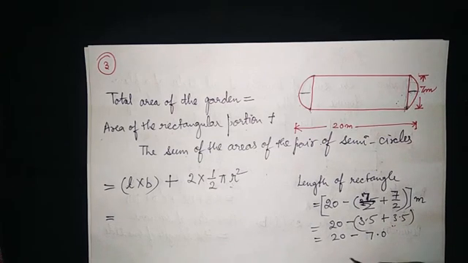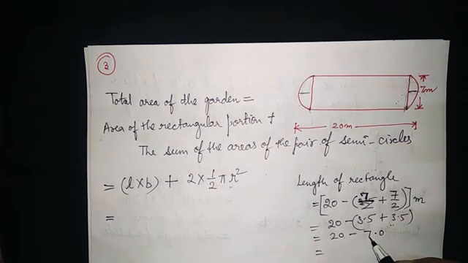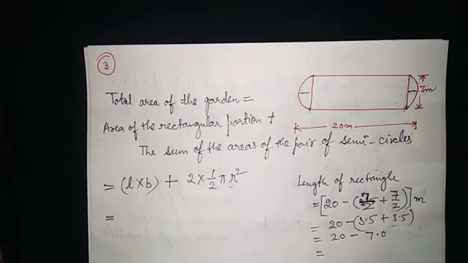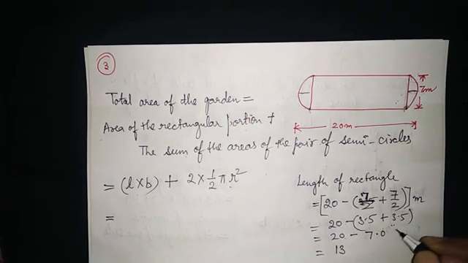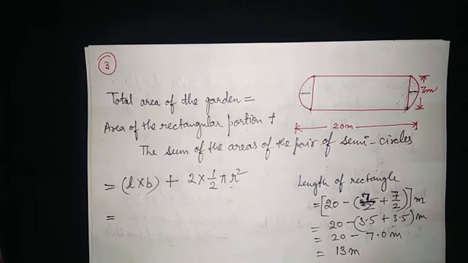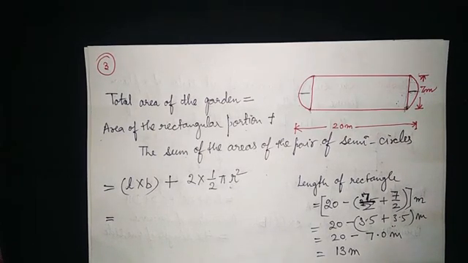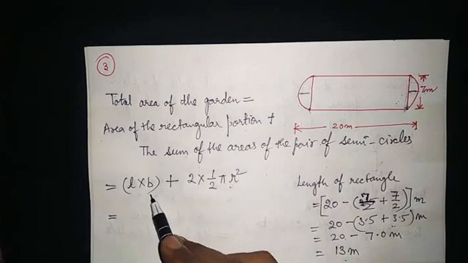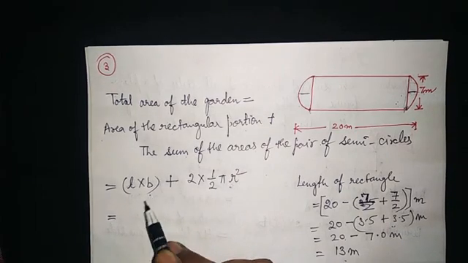And we will do 20 minus 7, and we get 13 meters. Now we can write B, breadth.